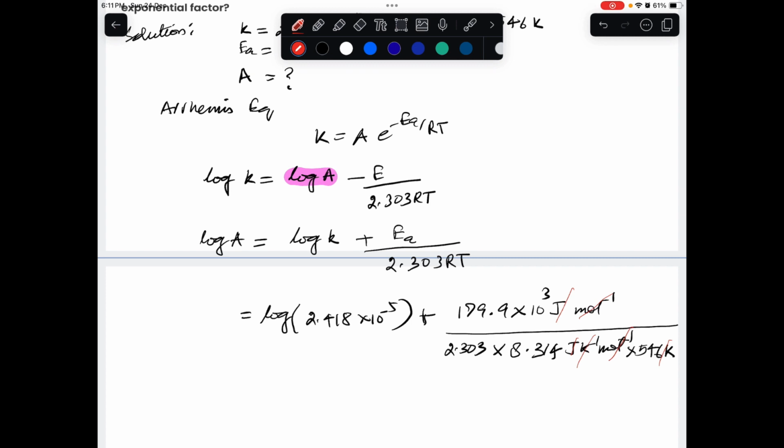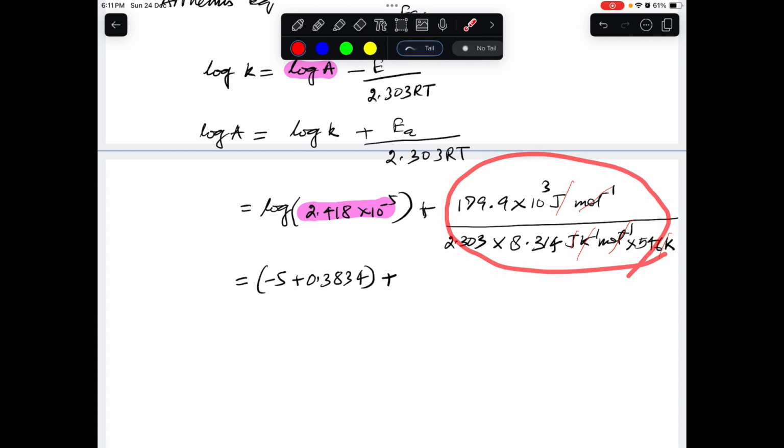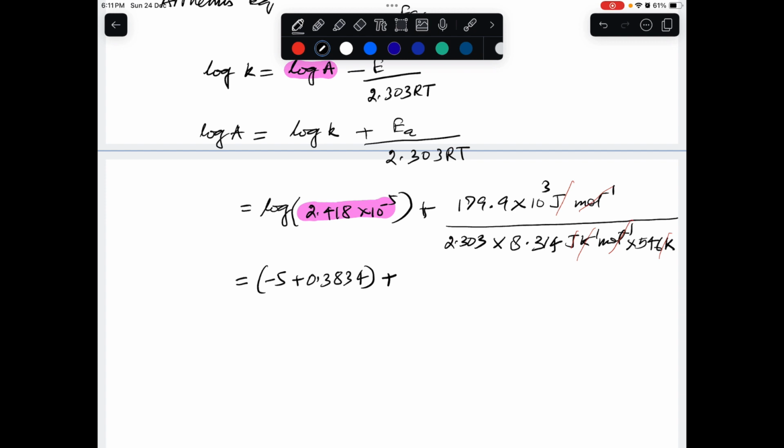After taking the log of this value from the log table, we get minus 5 because there is a negative power to the base 10. So minus 5 plus 0.3834, plus we have to simplify the second expression, and after simplification we get the value 17.2081. This is calculated as 12.5915.